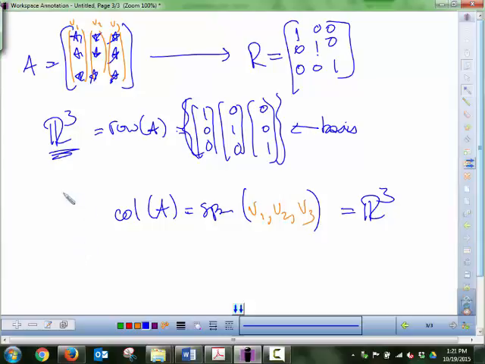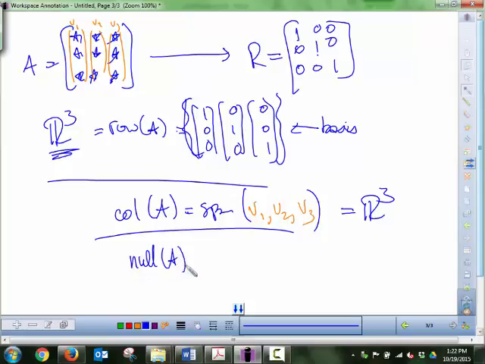All right, more interestingly, the null space. It's the x, y, z that would make this matrix go to 0. So, do I have any free variables? I don't have any free variables. So I go out and solve for this.